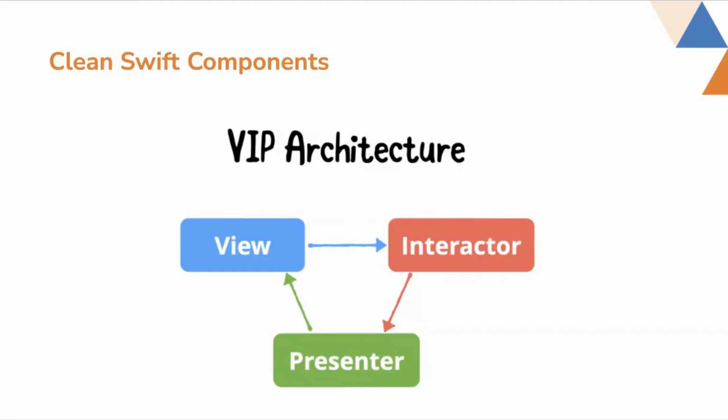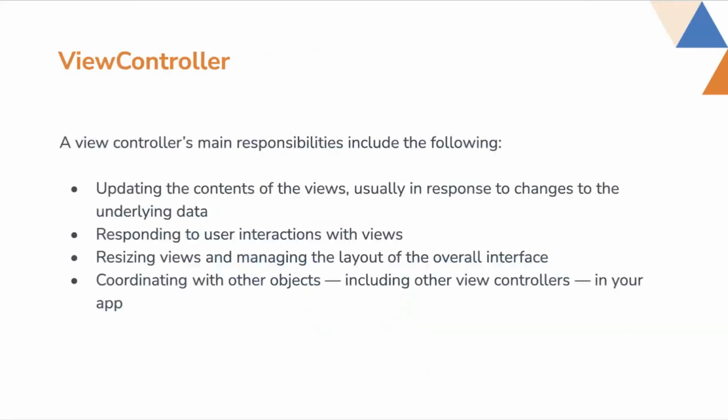The view is what the user sees and interacts with. The view communicates with the interactor, the interactor communicates with the presenter, and the presenter updates the view again. So this is a one-way architecture, and these are the three main components. Let's go one by one.